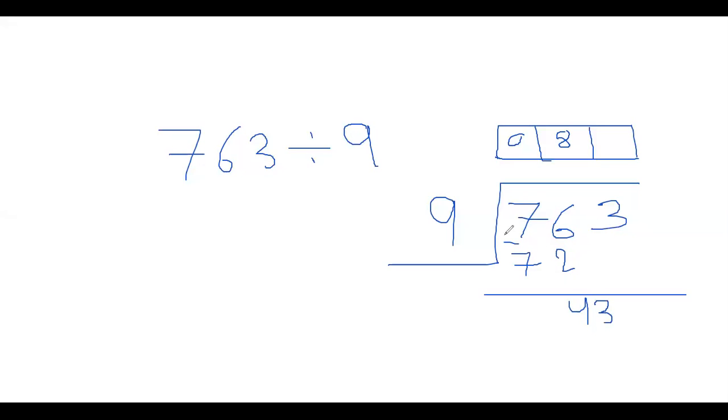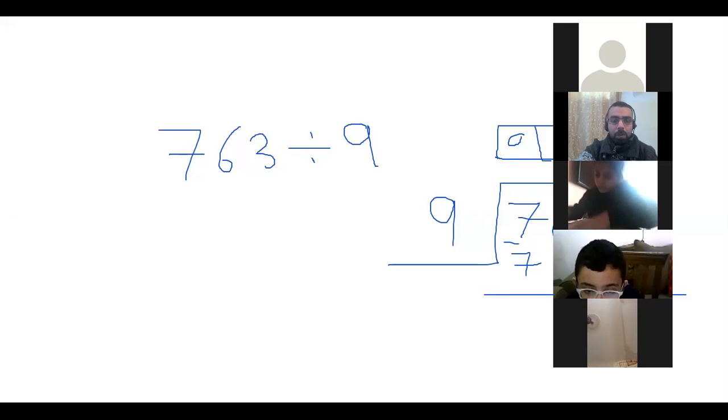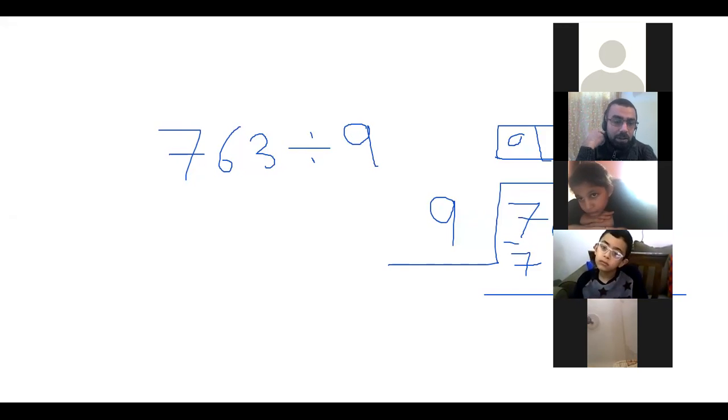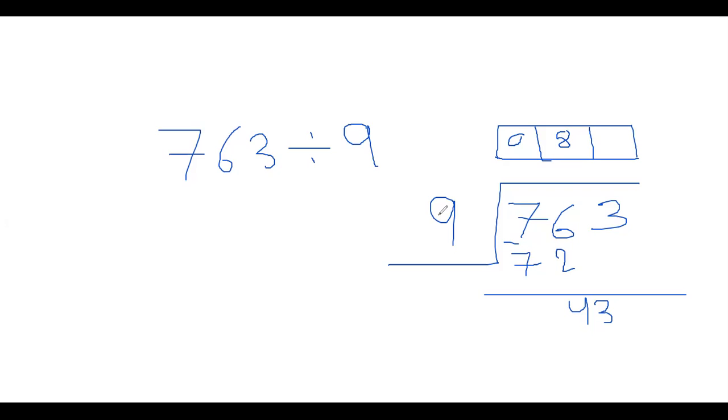Okay, now again, how many 9s does the 43 have? When I go to the multiplication table of the 9, I find that the 43 lies between 36 and 45. 36 is 9 times 4, and the 45 is 9 times 5. Now I need something less than 43, which is the 36, right? So 43 divided by 9 equals 4. Now 4 times 9 equals 36.